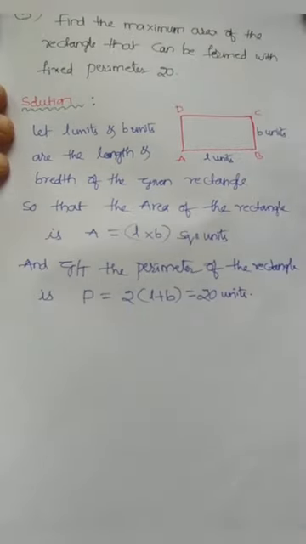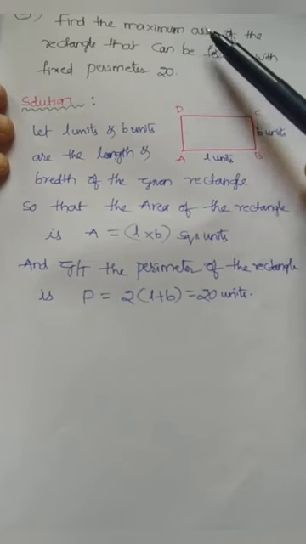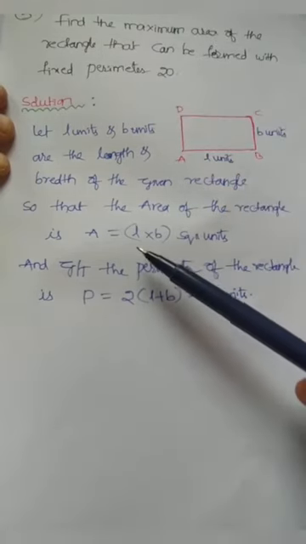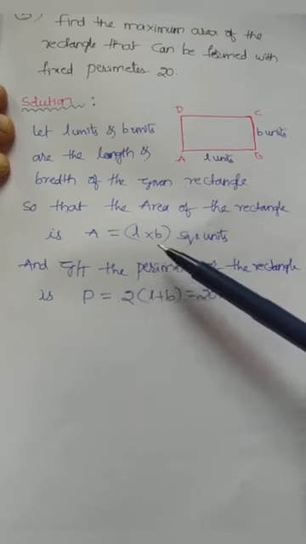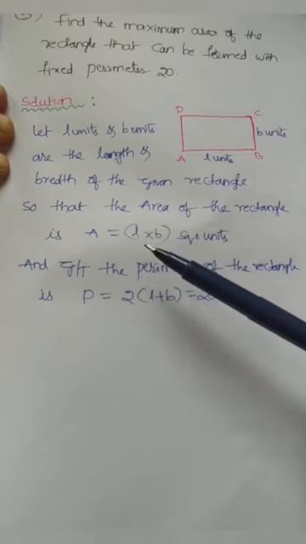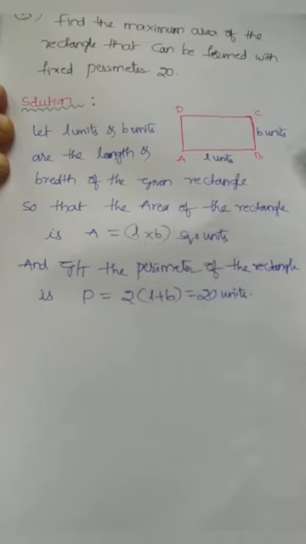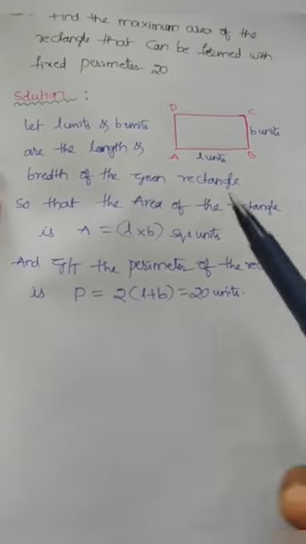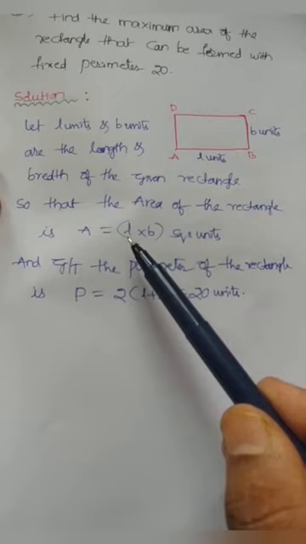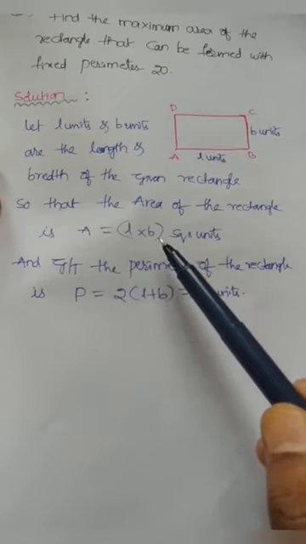Now observe the question. What is maximum here? Area of the rectangle is maximum. So what is the area we observed here? L into B. So the area is in two terms. So as in the previous problem, we have to make it a single variable. For that, we can convert L into B terms or B into L terms.